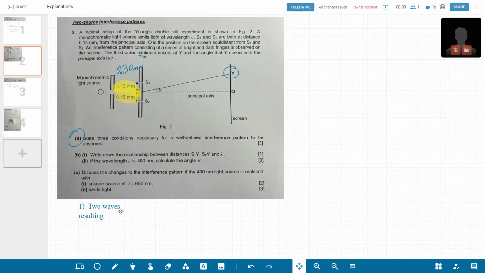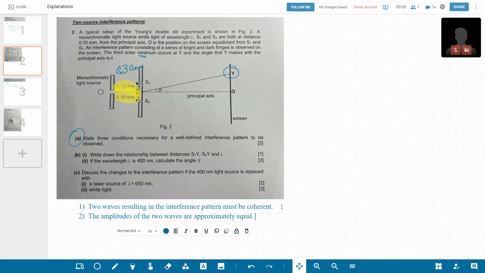The two waves in the interference pattern must be coherent. Coherent just means that there's a constant phase difference, which is what the Young double slit is doing with their single slit. Number two, the amplitudes of the two waves are approximately equal.